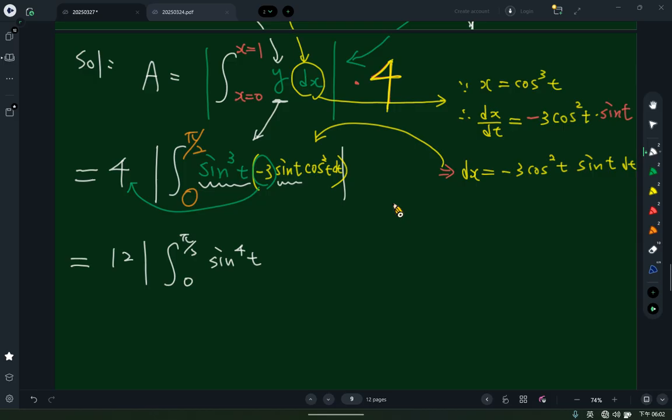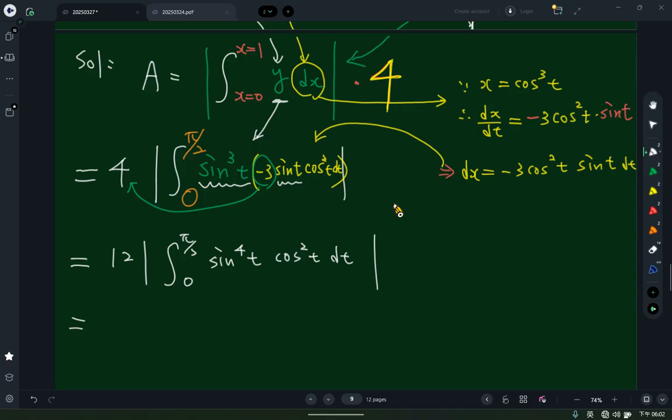And for cosine t, we have 2. So that will be cosine square t dt. Then the problem is reduced to an integration of sine to the power of m times cosine to the power of n, right? If you still remember, in chapter 8 we also encountered this problem. At that time, I asked you to check whether m and n are odd or even.